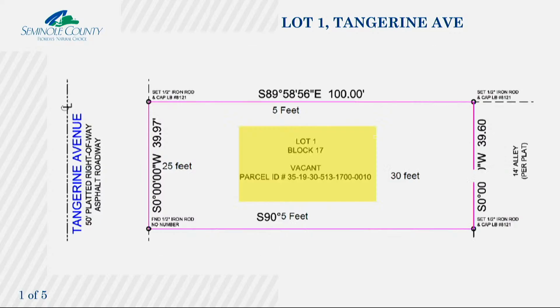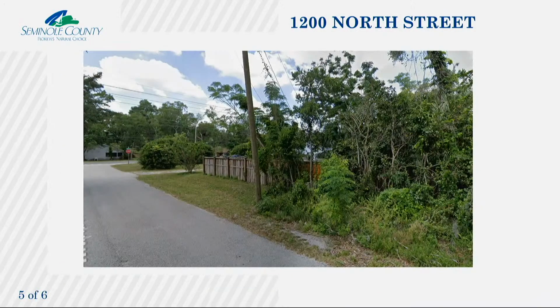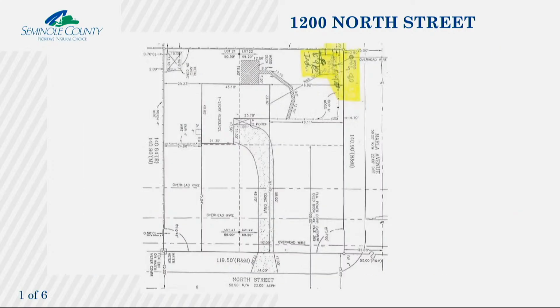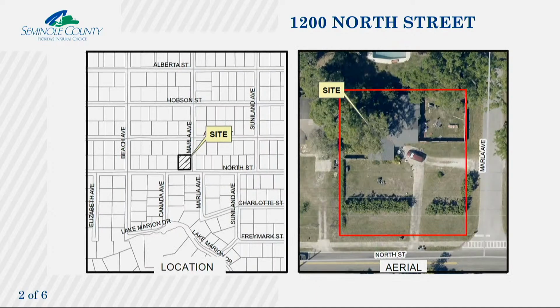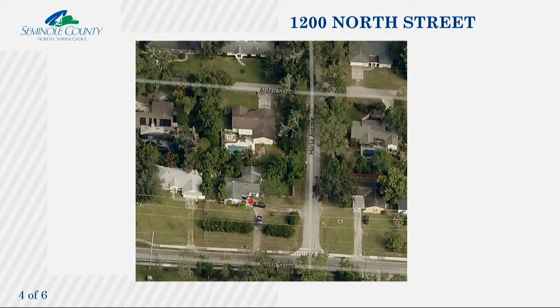The subject property is a corner lot and has 2 front yards for setback purposes. The front of the house faces North Street. The Marla Avenue side is where the variance is being sought. The request is to construct a 16 by 16 shed, 17.2 feet into the east side street setback and approximately 3.2 feet into the north side yard setback. A letter of support has been received from the directly affected neighbor. This concludes my presentation. I'm available for any questions.